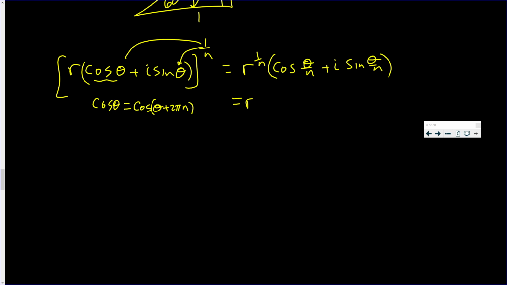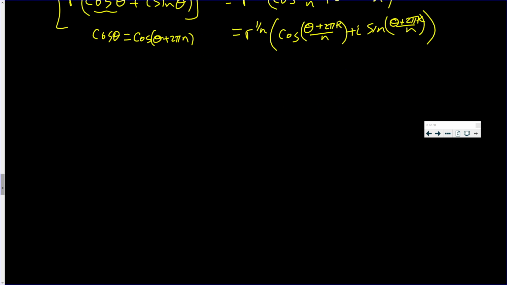That is, this is the same as the cosine of theta plus 2 pi k over n plus I times the sine of theta plus 2 pi k over n. You can always add 2 pi k to the angle that you're taking the cosine of, and nothing happens. You get the same sine and cosine.